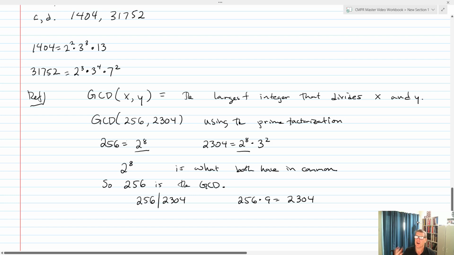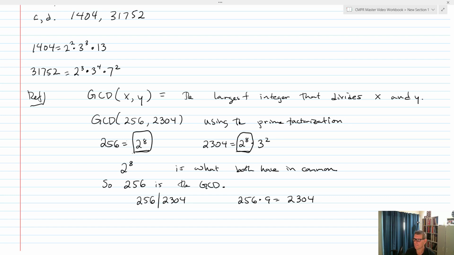Clearly, there is no bigger divisor of 256 than 256, because if you pick a number that's bigger, you're going to end up with a fraction, and that clearly is not a divisor. So this gives us an example where we find all the factors that these numbers have in common, and that becomes our GCD.